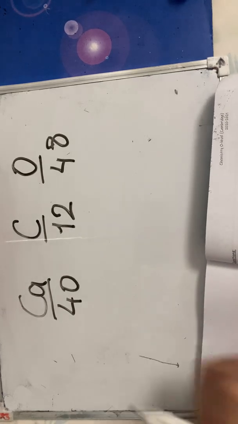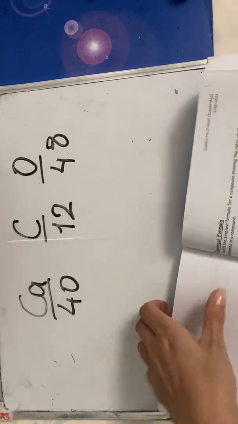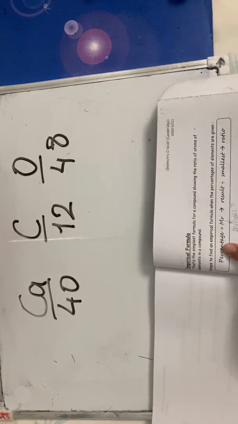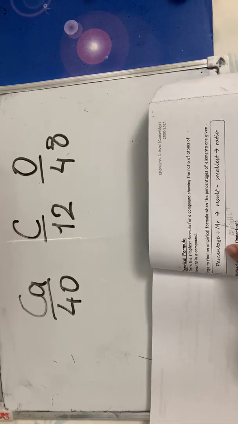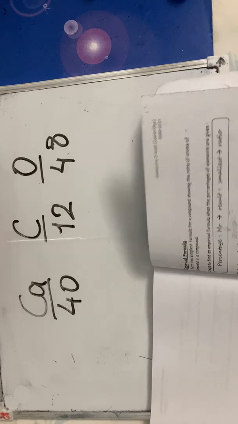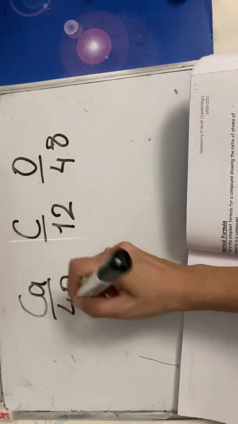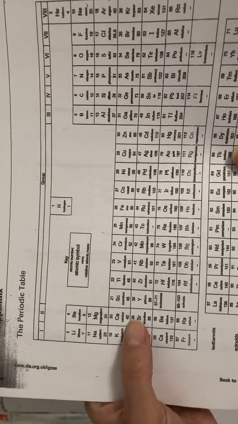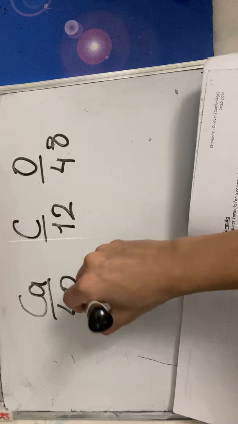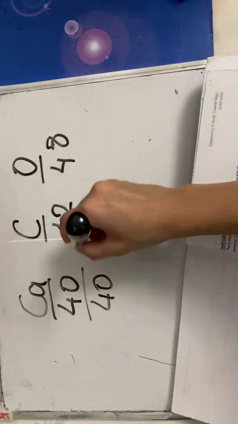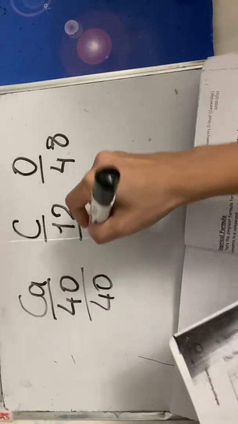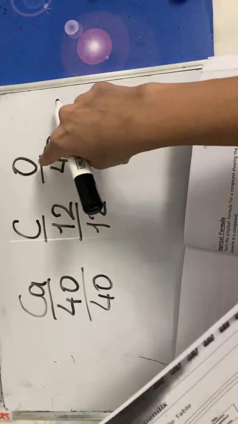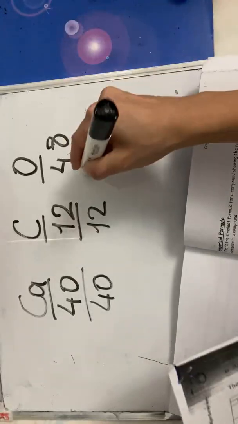The first step is the percentage that you have divided by the MR. So divide 40 by the MR of calcium. The MR of calcium is here in the periodic table, it's 40. The MR of carbon is 12. The MR of oxygen is 16.